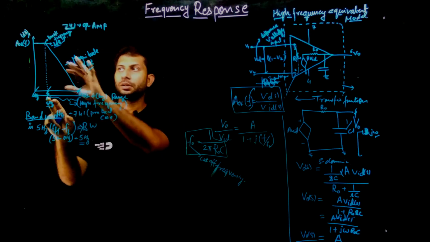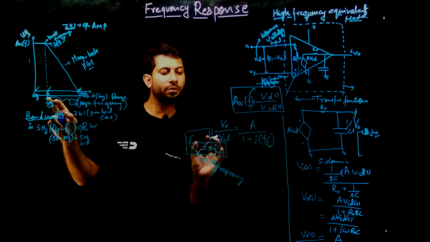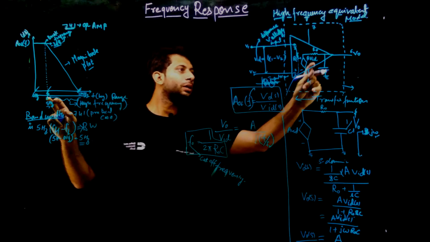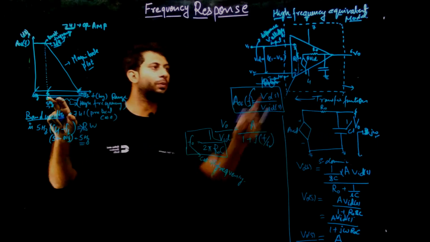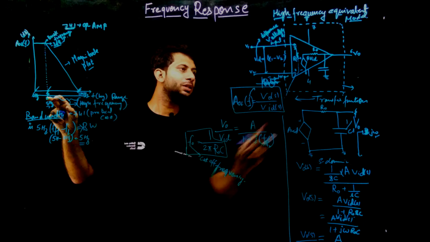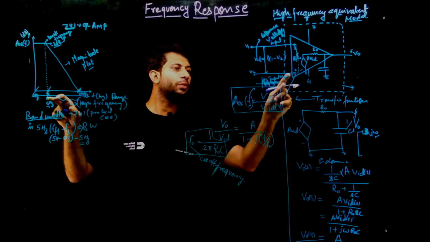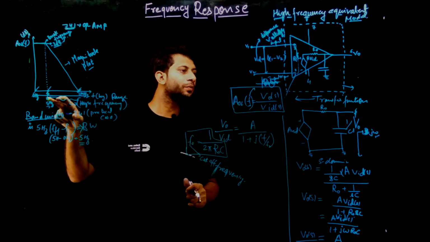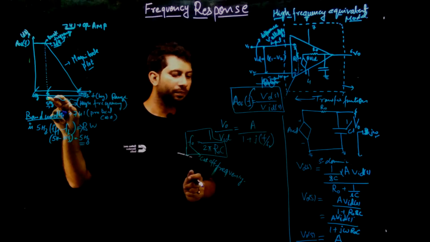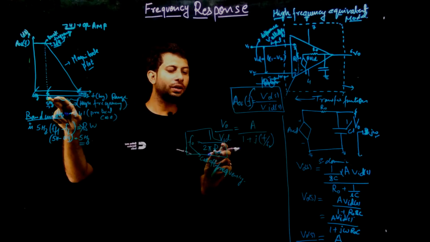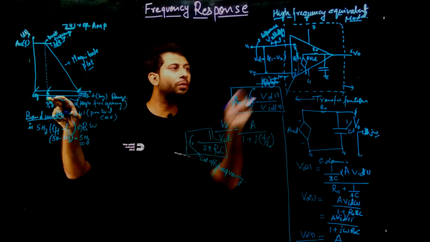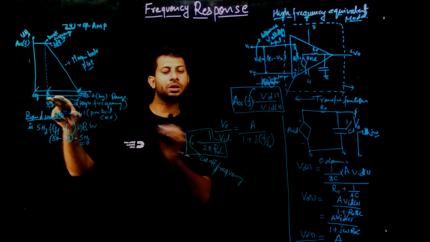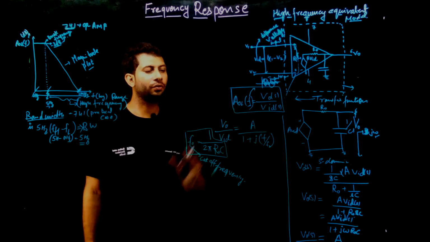How it comes we can go through afterwards, but from this point we say that this R naught, which is the output resistance, is fixed for the particular op amp, and this capacitance is due to stray capacitance and junction capacitance because of the BJTs involved in the design of this system. Because these two factors are fixed for a particular operational amplifier, 741, this gives you a constant fixed cutoff frequency.